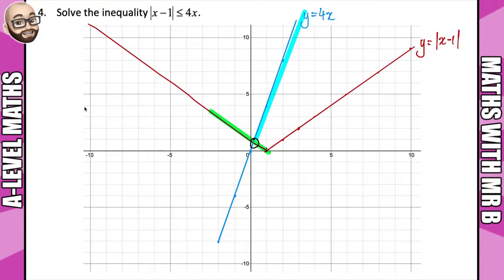So that point there, in order to solve it, we're going to set 4x equal to minus x plus 1. And if we do that, we're going to get 5x equals 1. So x is going to equal 1/5. If this point here is 1/5 and we want that blue highlighted section, then the answer to the question is going to be x needs to be bigger than or equal to 1/5.